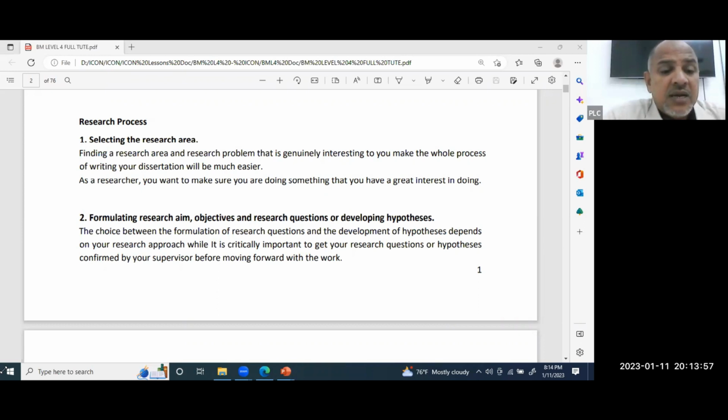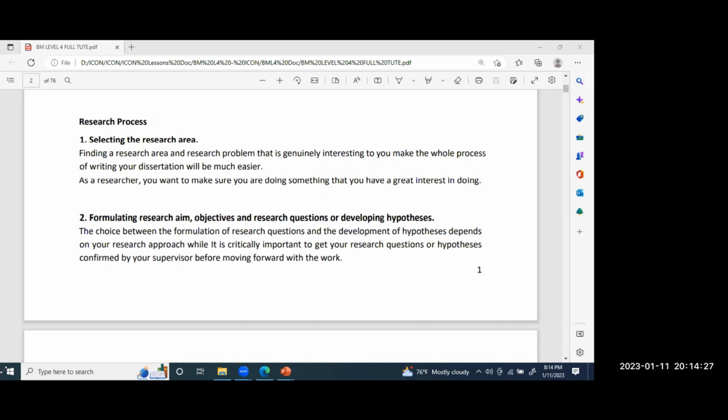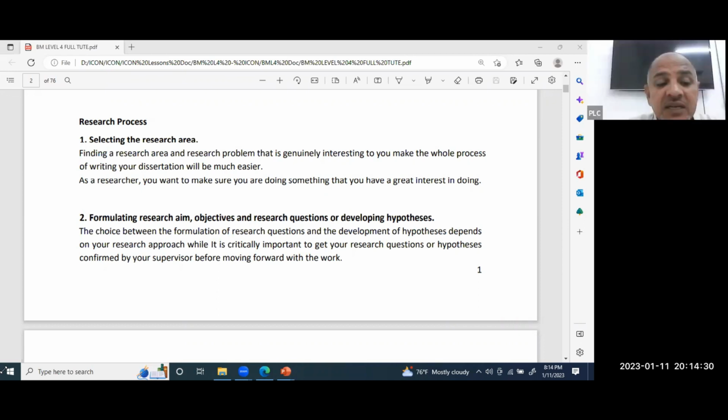If it is marketing, then marketing related problems, sales related problems, operation related problems, finance related problems, leadership related problems, strategy related problems. Do you understand? So you have to identify the area of your business.